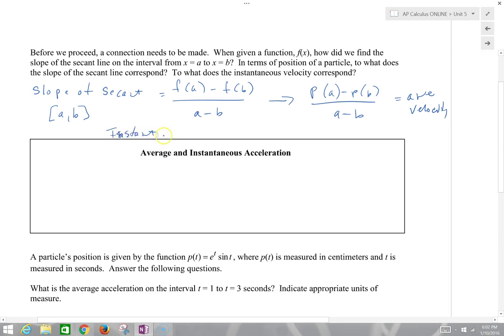Instantaneous velocity, p prime of c, is equal to the slope of the tangent.